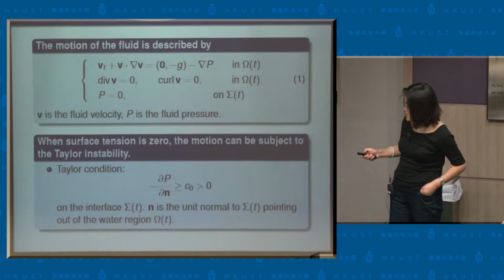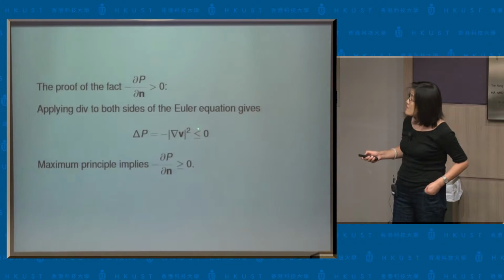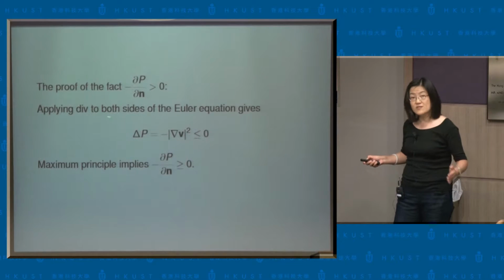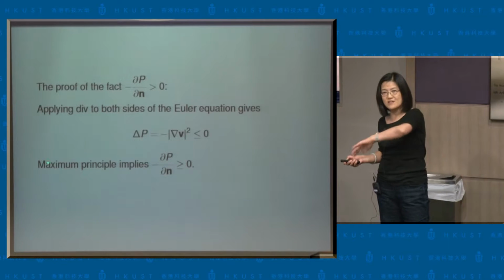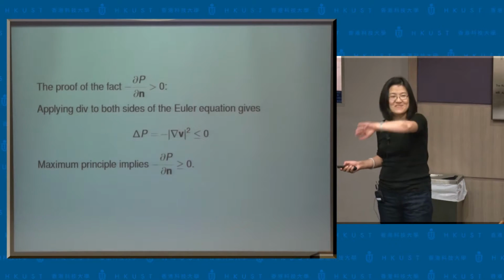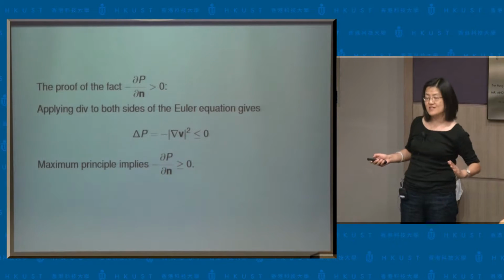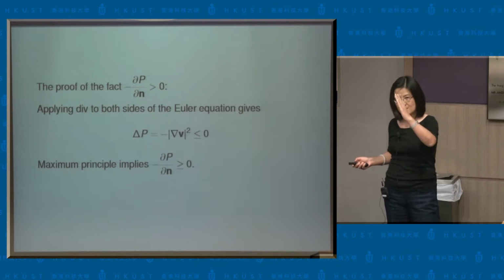We also know the pressure is 0 on the interface. So we are looking at Laplace P less than or equal to 0, which means P is superharmonic, concave down. With pressure 0 on the interface, the pressure has to be increasing in the inward direction.